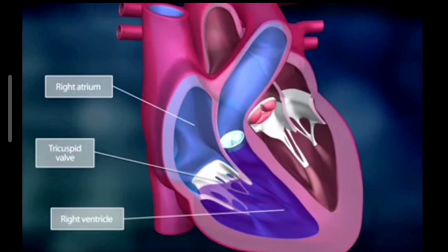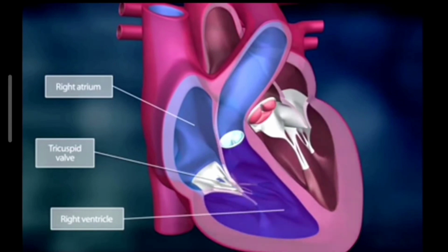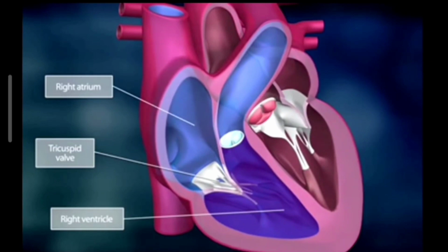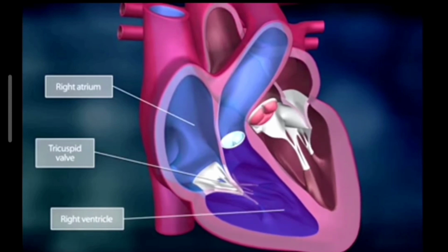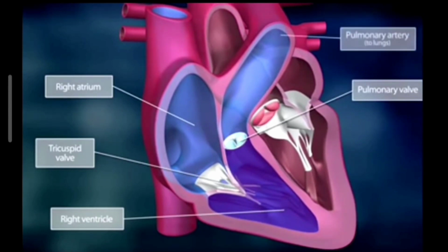Okay, and once closed, with the continuous contraction of the ventricular muscles, the pulmonary valve opens, allowing the blood to pass through up to the pulmonary artery.